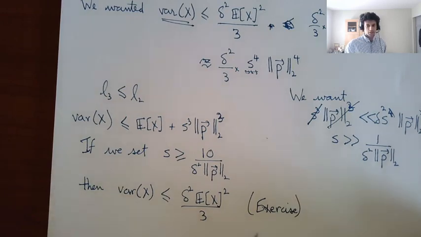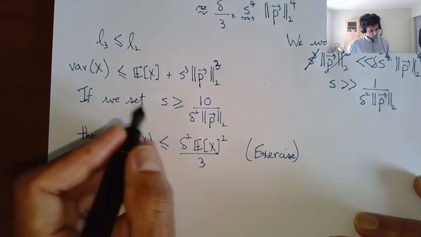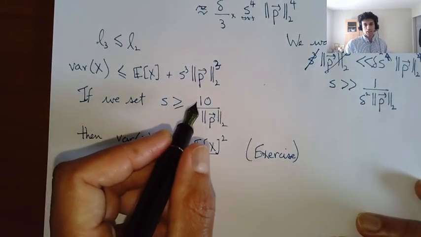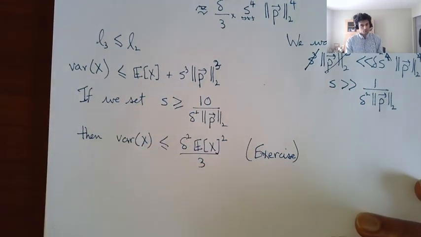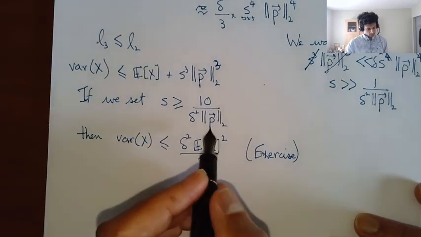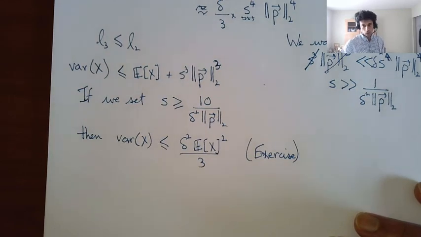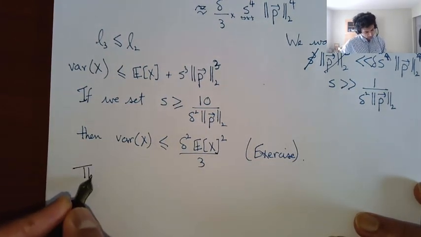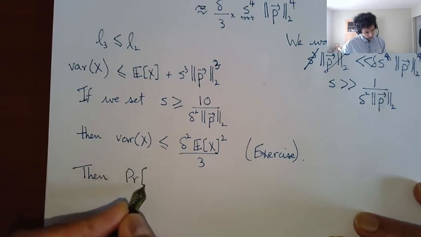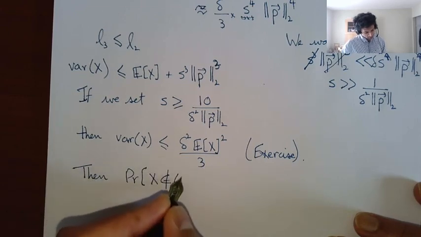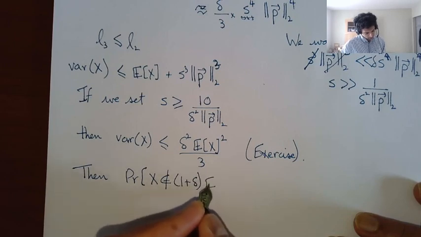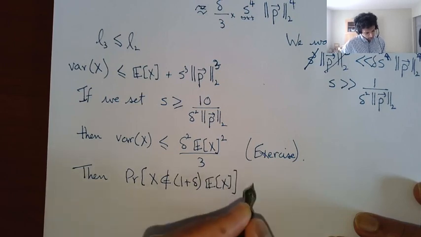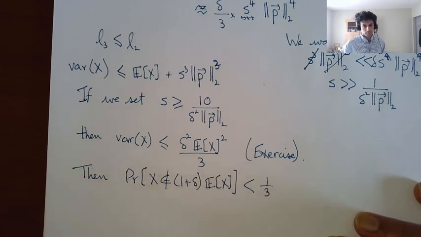That's an exercise. So if you set S to be at least 10 divided by delta square times the 2 norm, then you can bound the variance, and then the probability that X is not in 1 plus or minus delta times its expectation is going to be at most 1/3.